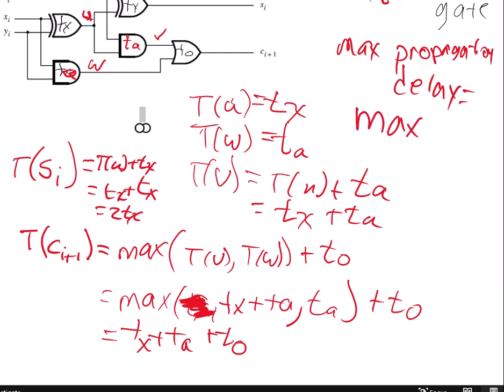It's the max of 2Tx, which was our time for Si, and Tx plus Ta plus To. And we don't know which one of those is bigger, so we can't say which one of those is bigger. So that's our answer. It's the maximum of those.